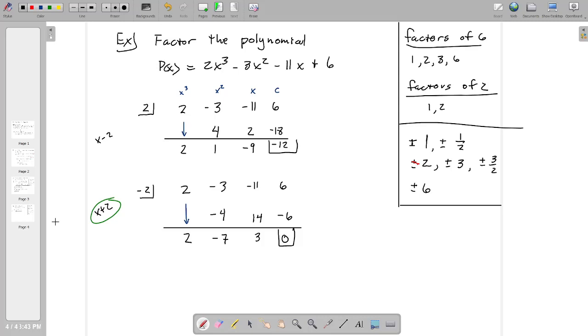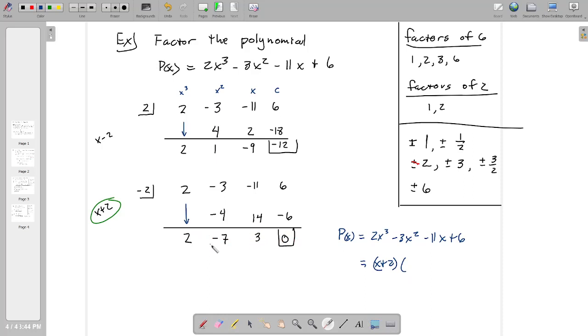Now, I want to note something very quickly before I erase it. We can rewrite this polynomial p of x is equal to 2x cubed minus 3x squared minus 11x plus 6. And this polynomial will factor into x plus 2 times the remaining polynomial here. Remember, this is our remainder.